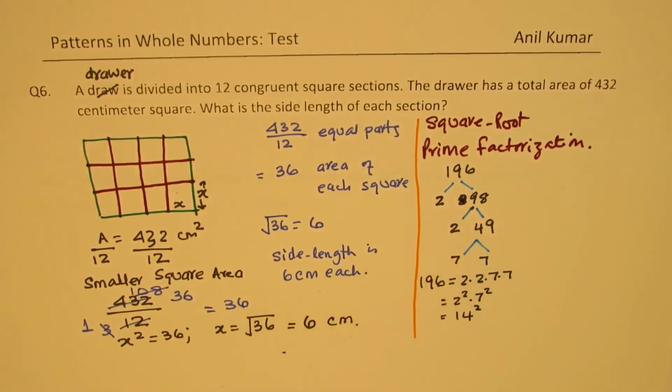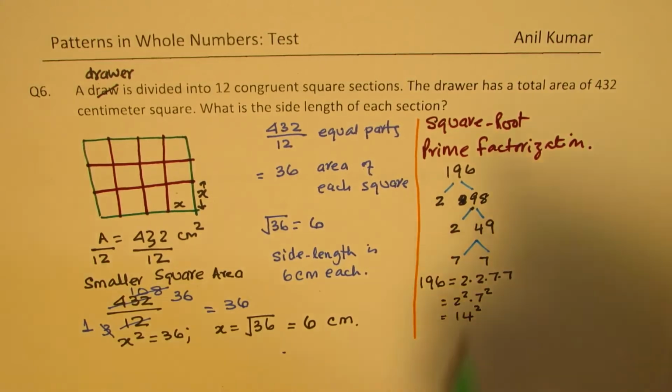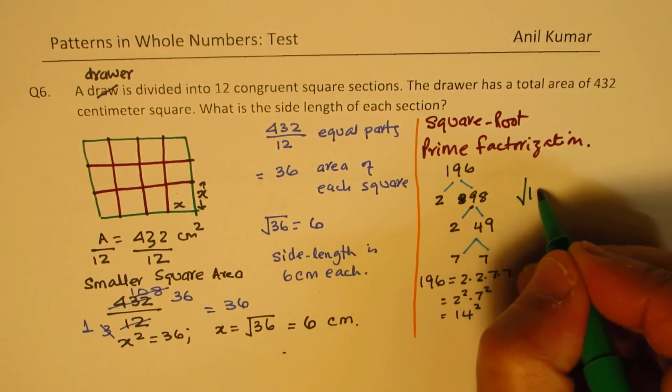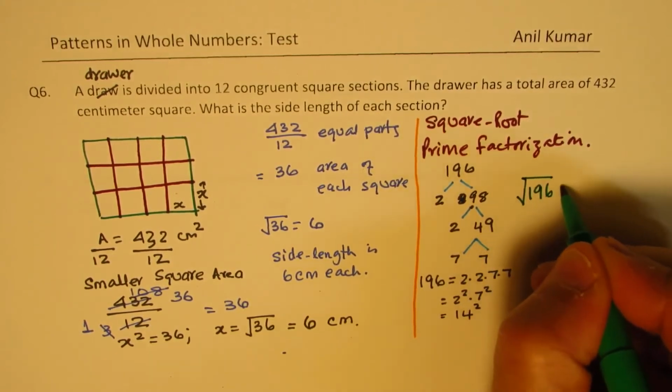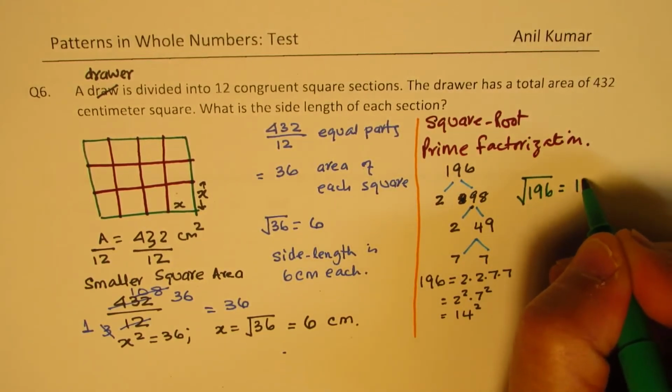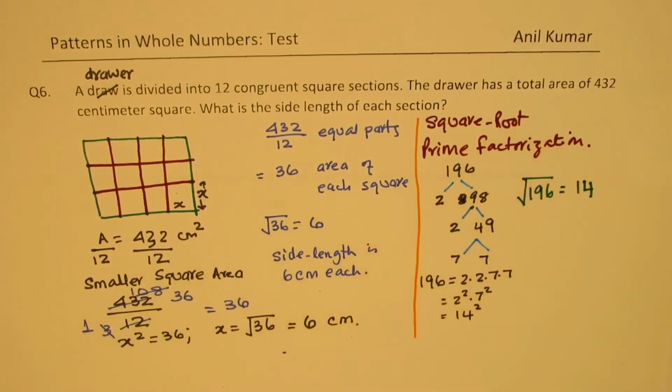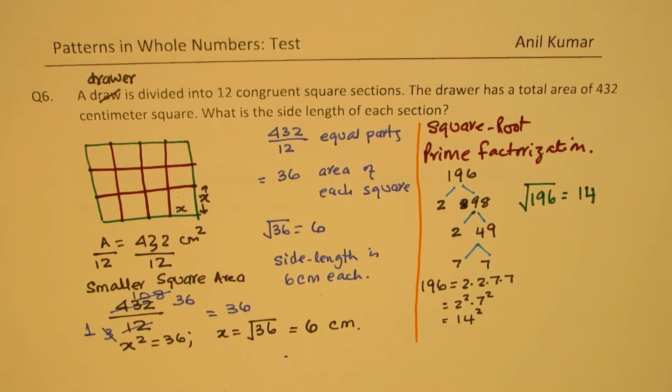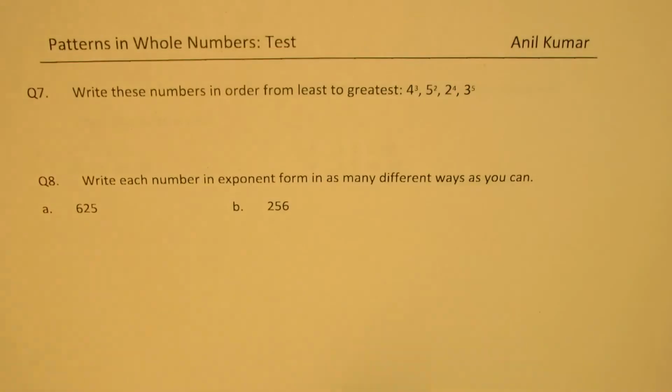So that is how we can use prime factorization, and so we can write that the square root of 196 is equal to 14. Do you see that? So that is the concept, and prime factorization is a very good method to find the square root. If you don't remember square roots of some numbers, you could easily do prime factorization and get the answer.